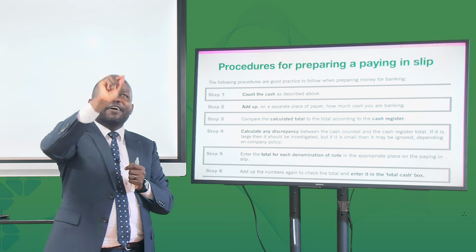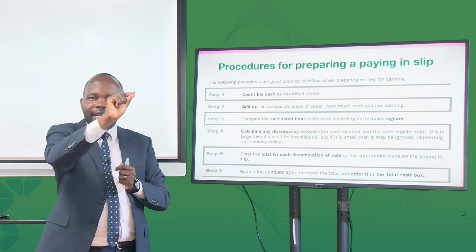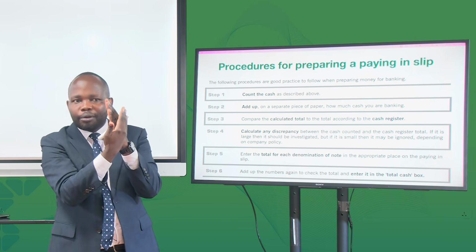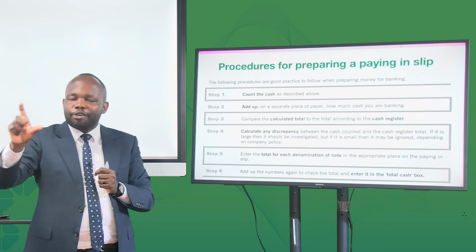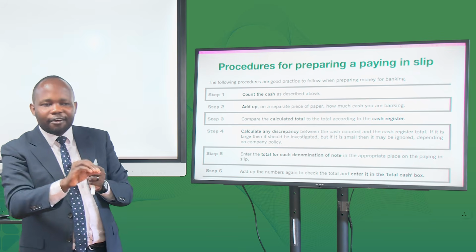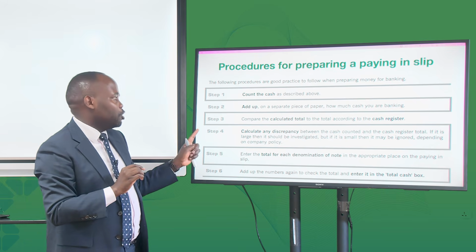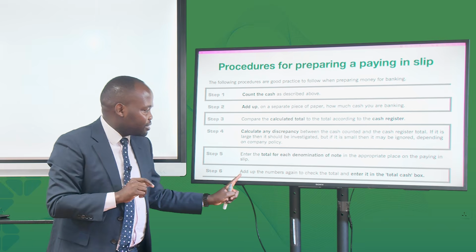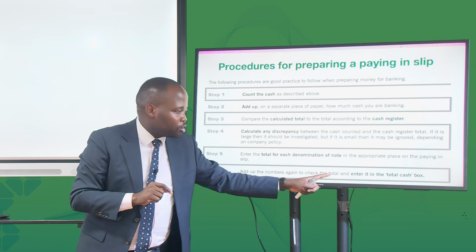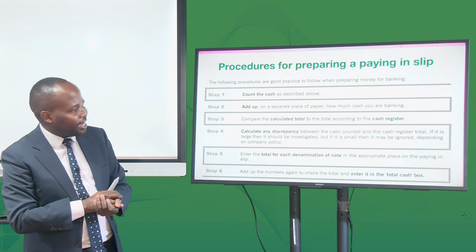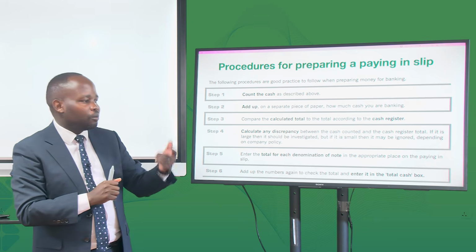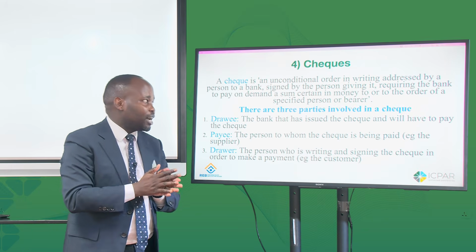So you just write under 5,000, there are 20 notes. Under 2,000, maybe 100 notes. Under 1,000, under 500, the number of the notes that are there. And number 6, add up the numbers again to check the total and enter it in the total cash box.